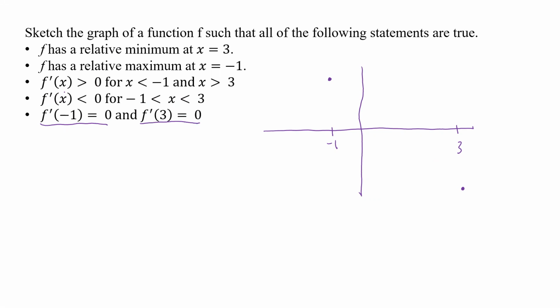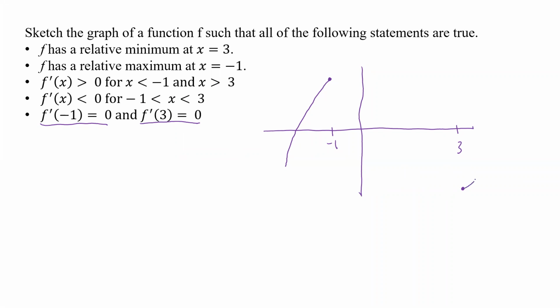And so now it says it's going to be increasing for x less than -1. So increasing means it's going to come up like that. And again, it probably has more of a curvature, but that's okay because we're doing this piecemeal. And then greater than 3 is going to be increasing as well.